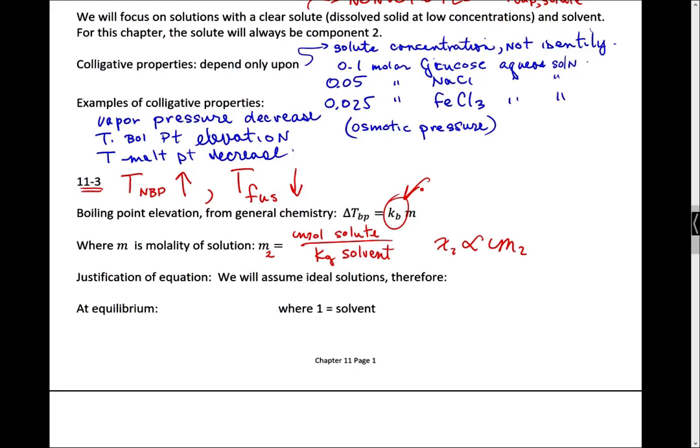What we can say is that for our solvent, we're going to look at the solvent first. For our solvent, the chemical potential of the vapor phase is the same as the chemical potential of that component in the solution, as long as I'm at equilibrium. Nothing really new there.